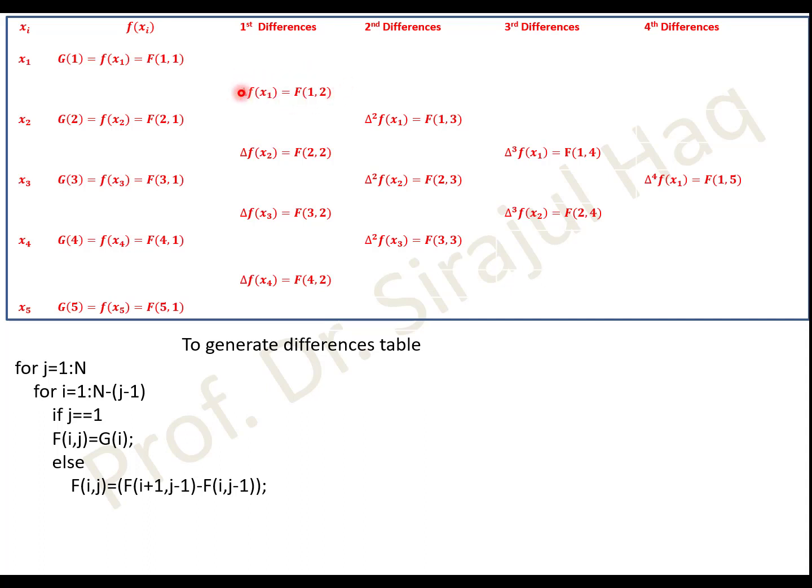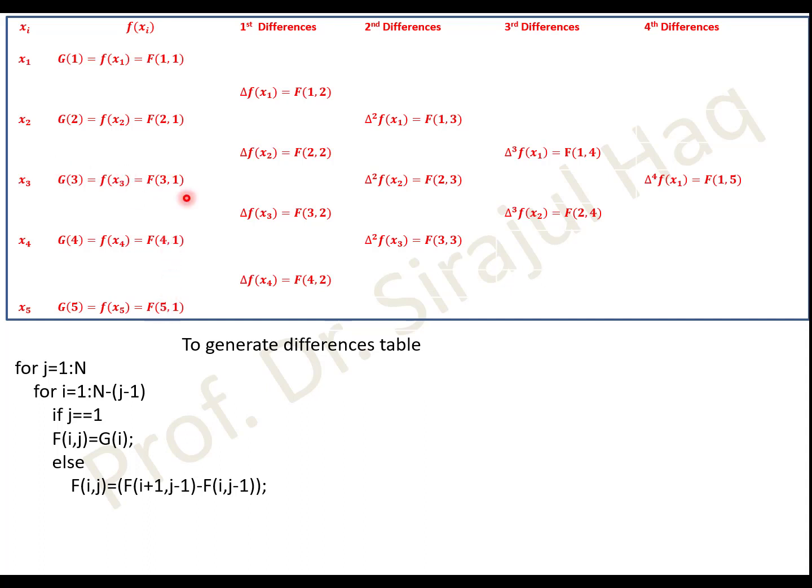This is the difference formula, if you remember. Similarly, coming to this one, i is equal to 2: f of 2, 2 is equal to f of 3, 1 minus f of 2, 1.